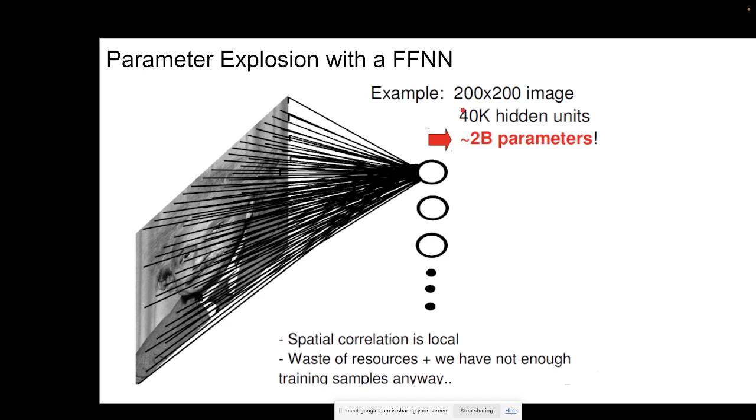Even a 200 cross 200 image is not that large. 200 cross 200 means there are 40k, 40,000 pixels, right? Now suppose this is the first neuron, this is the second, third, and so on. The first neuron itself needs 40,000 hidden units, right?